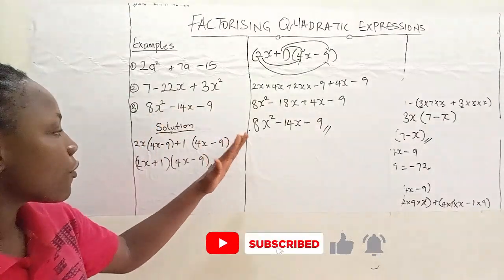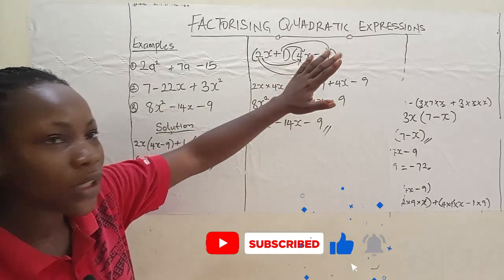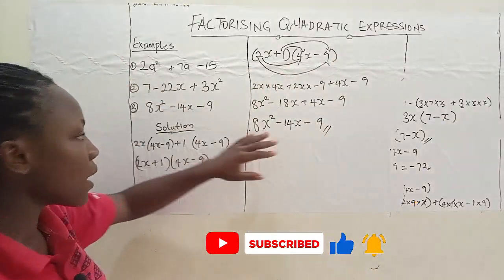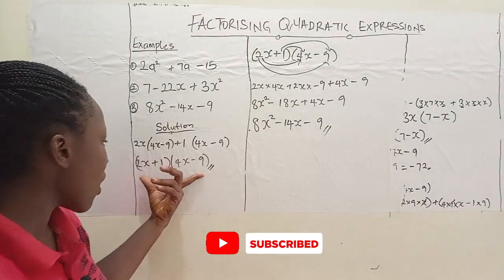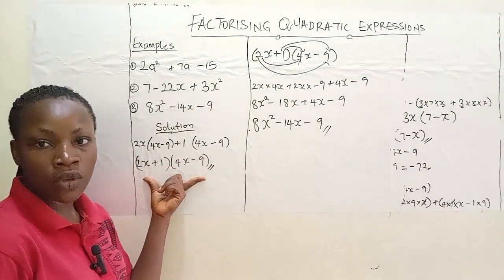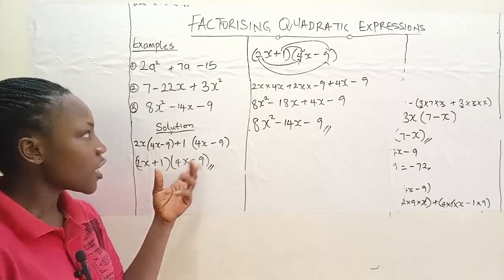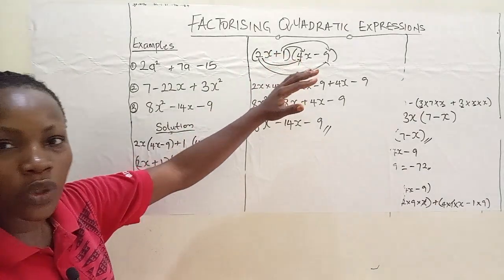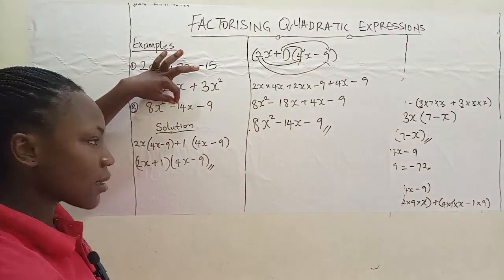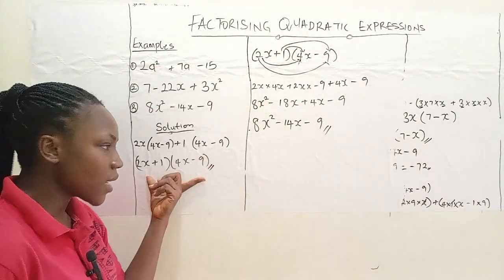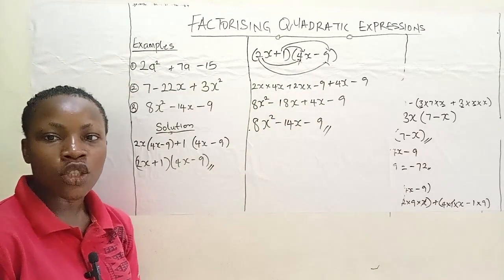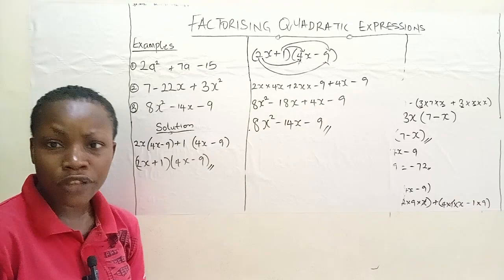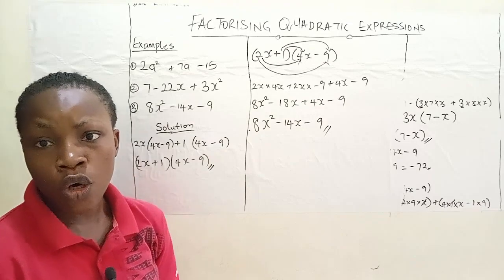So after you have done all this and you didn't get this as your final answer, that means your answer here is actually wrong. But after checking it and you're able to get this back, that means your answer is right. So this is how to check your answers to know if you are right or wrong.